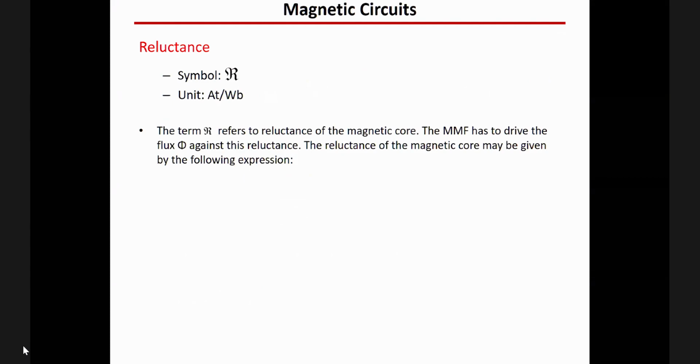Reluctance. I already explained a little bit about reluctance, but this is the symbol for reluctance, R, and the unit is amp turns per Weber. Where did we get this unit? If you remember the equation, flux equals Ni over R. So R will be what?